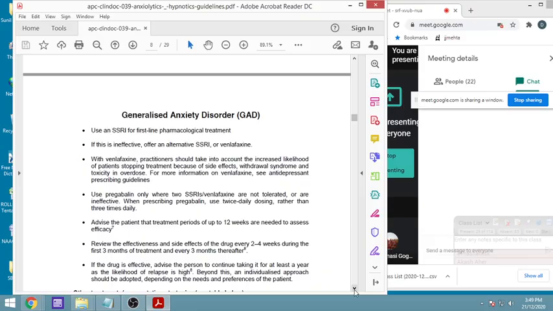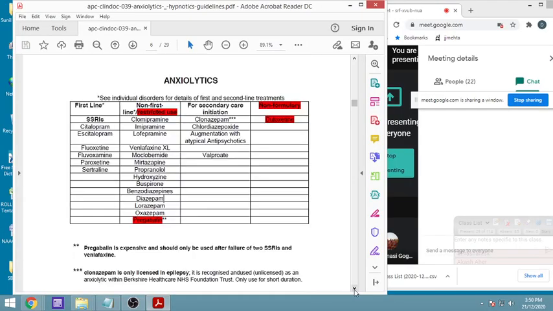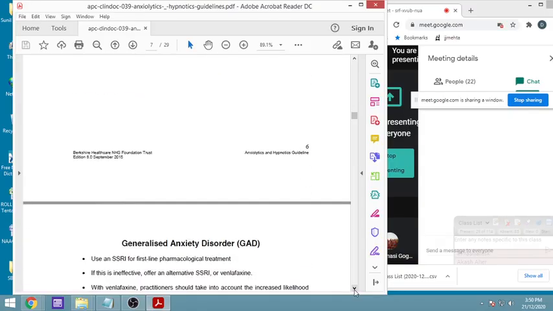Venlafaxine we are using as a remote resource when the first line treatments are not helping, because if you remember, we have seen venlafaxine as a second line treatment. So when first line treatment with escitalopram, fluoxetine, fluvoxamine, paroxetine, sertraline is not working, then we go for that. We should remember that we go for venlafaxine only when the first line treatments are not working.